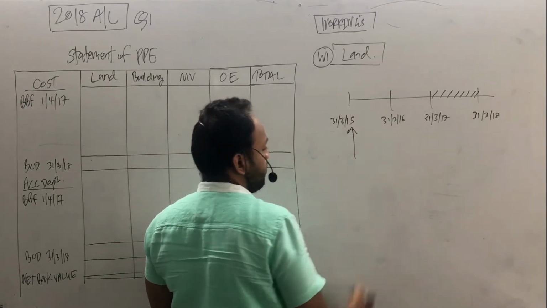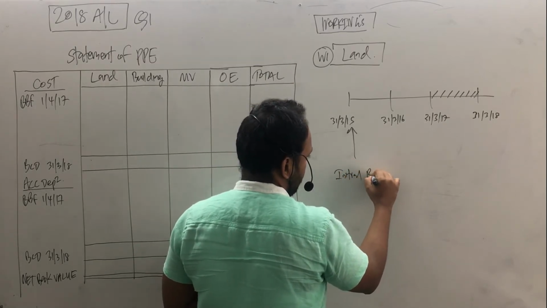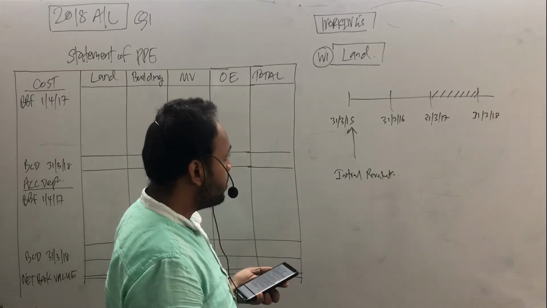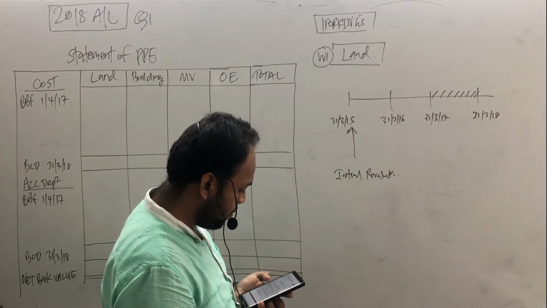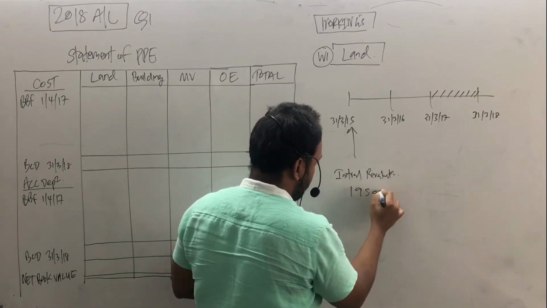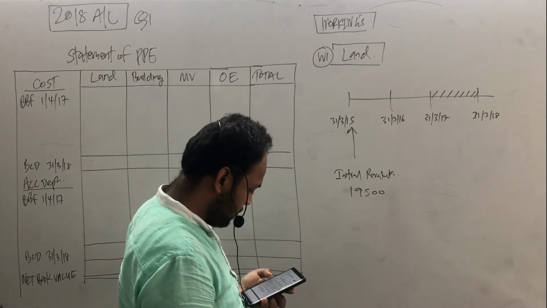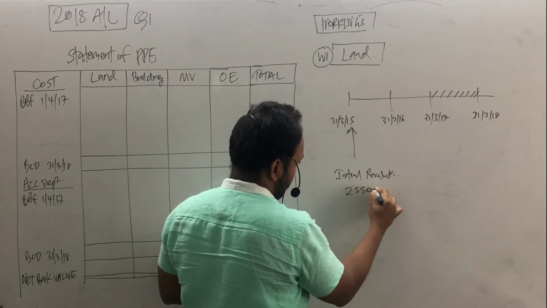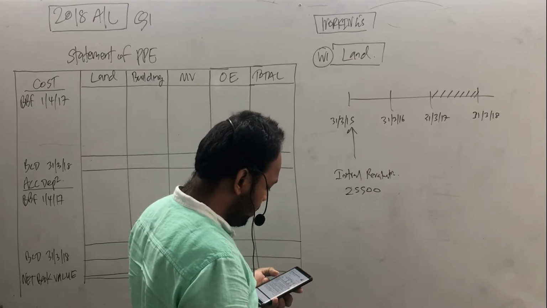So the first initial revaluation is done on 31st March 2015. The revalued amount is, sorry, 25,500. Initial revaluation is 25,500.